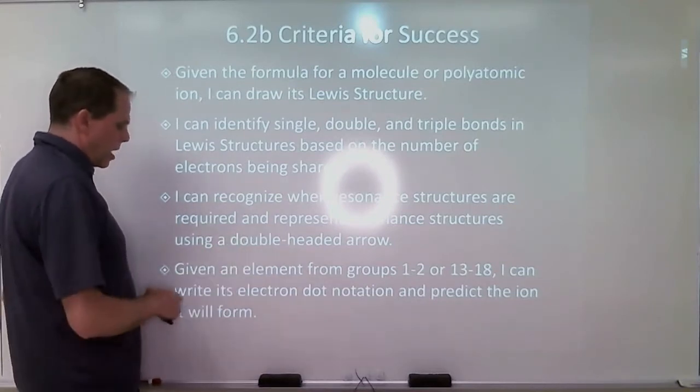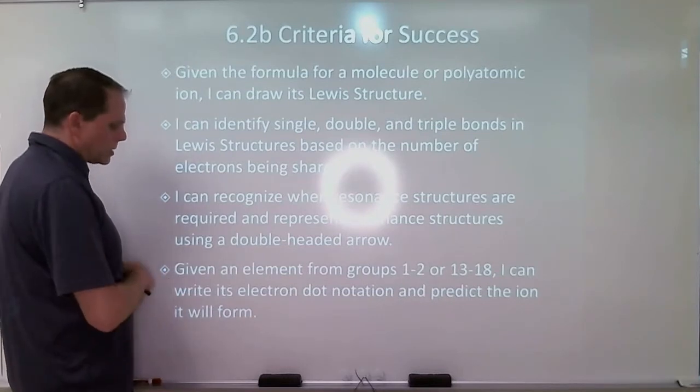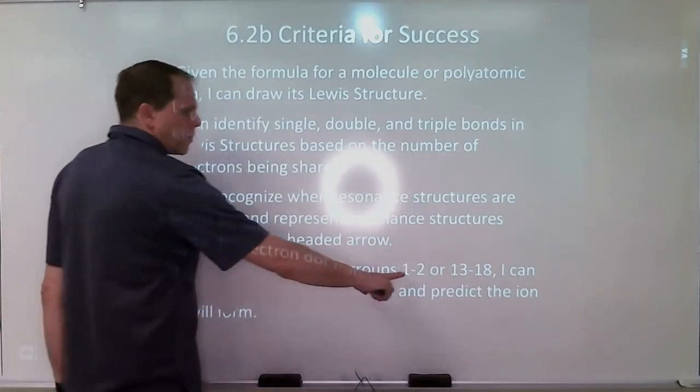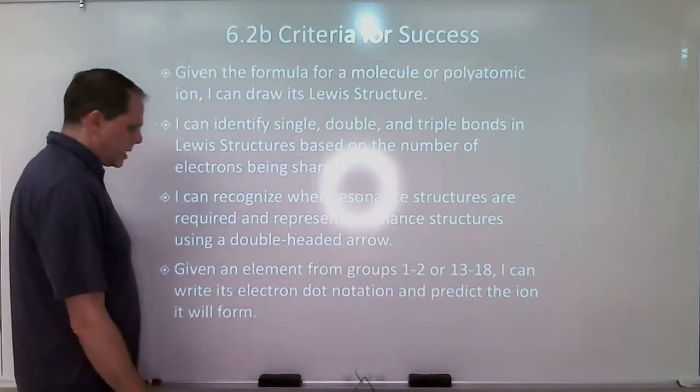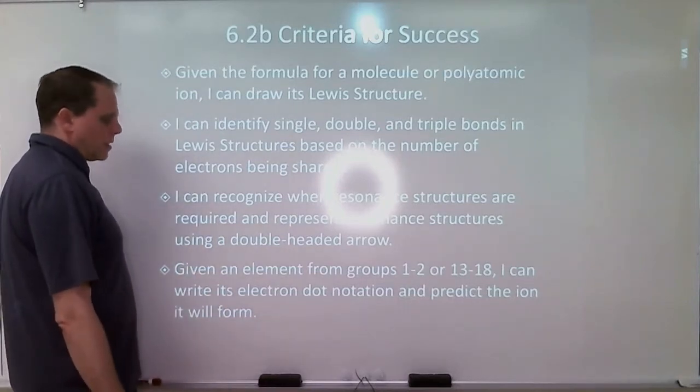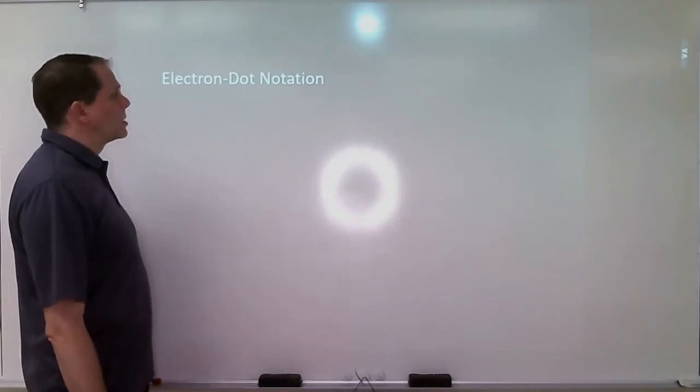And just basically show you how that resonance structure works. You are successful today if I give you an element from the representative groups 1 to 2 and 13 to 18, and you can give me an electron dot notation and the ion that it forms. And we'll start out with that one actually right away.